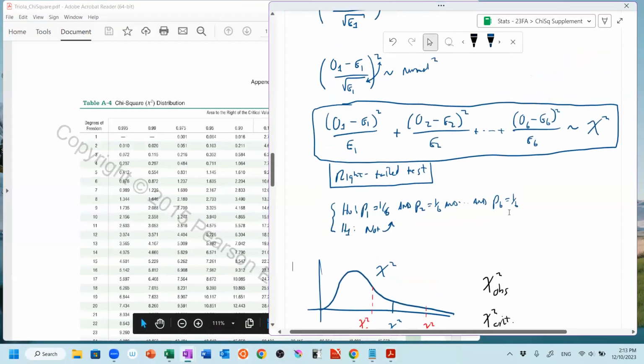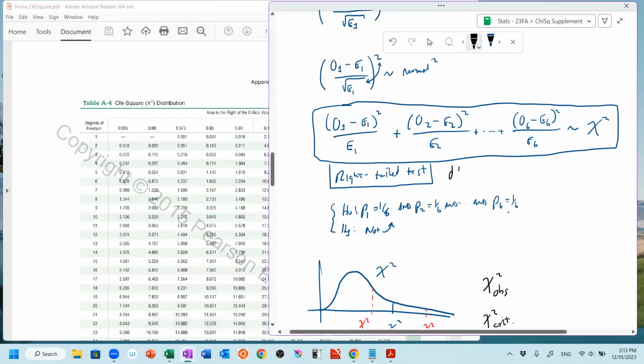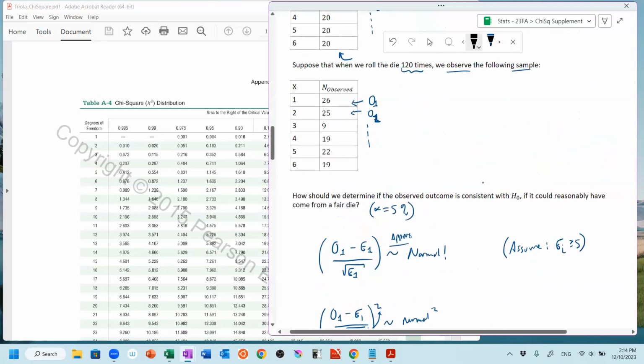Okay, and I think I forgot to mention that degrees of freedom is n-1. So here, n is the number of frequencies that we have. So not 120, but 6, right? In other words, I could choose, say, these 5 in a sense any way that I want. I have to have a total frequency of 120.